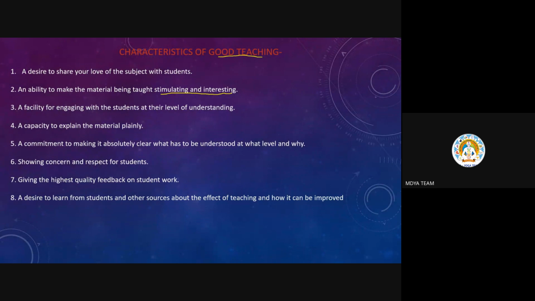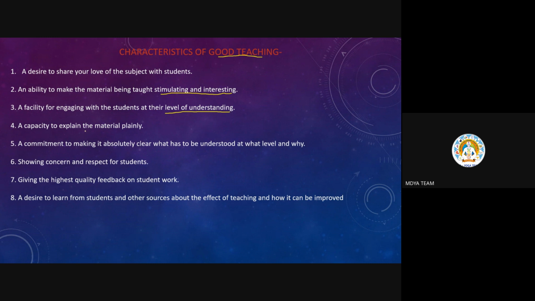The facility for engaging with the student at their level of understanding: if the teacher is teaching something and the student is not able to relate to it, the teacher must break it down to a simple form so that the learner will engage with it and understand it very clearly.